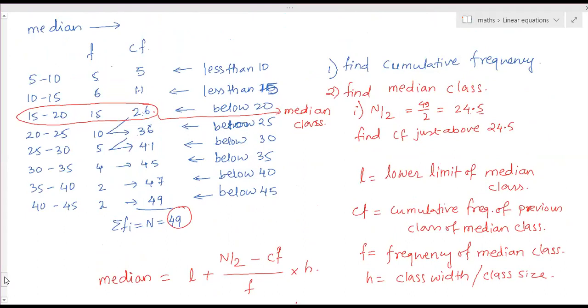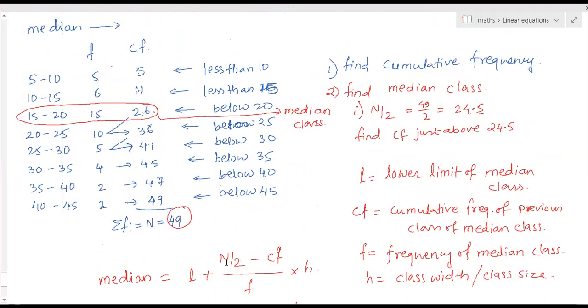L is the lower limit of the median class. First thing you have to do is find the median class. Then the L value, the lower limit of that median class, the least value, 15.